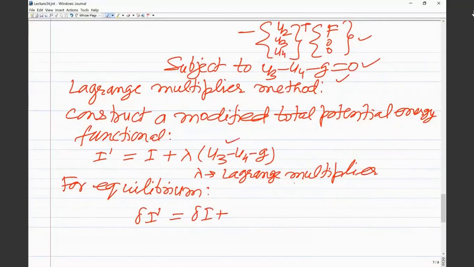Since lambda is also an unknown, we take its variation. So delta lambda into u3 minus u4 minus g will be there, plus lambda into the variation of the other terms, so delta u3 minus delta u4, and this must be equal to 0 for the equilibrium of the system.